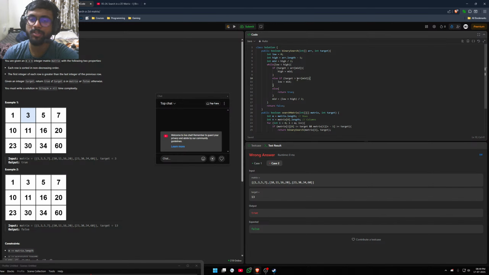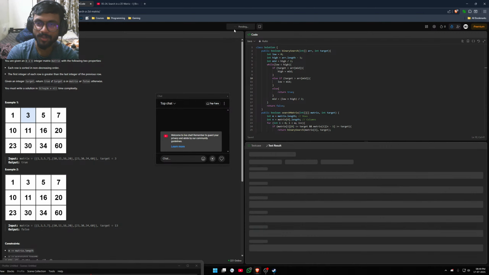So 16 is the mid again. High didn't change, so again we are looping. Low is not equal to high. So if target is lesser than array of mid, maybe this works, man. I think it should work. I don't know. Should I go through everything one by one?